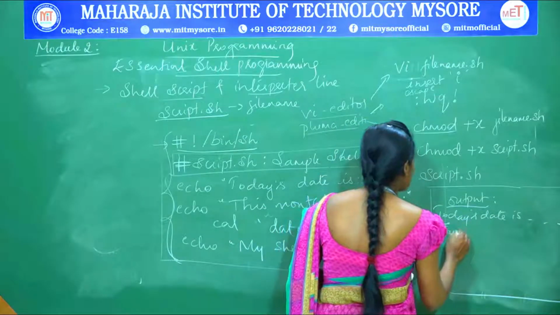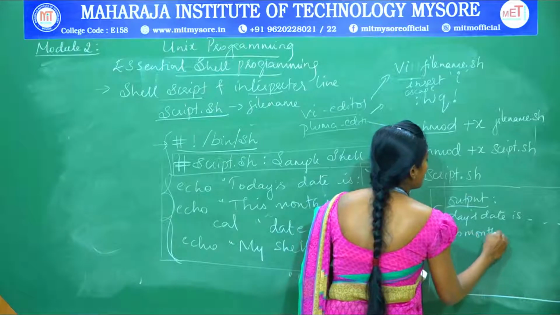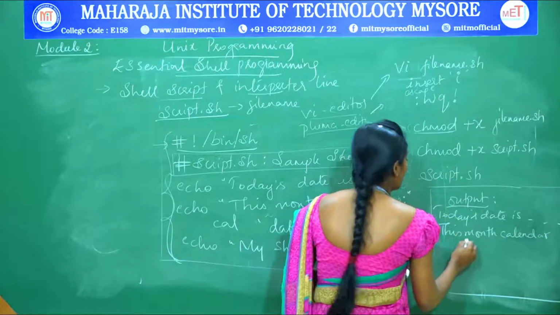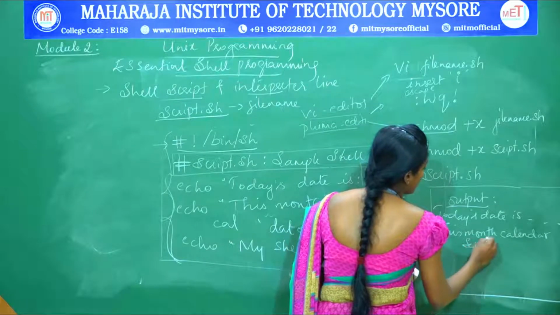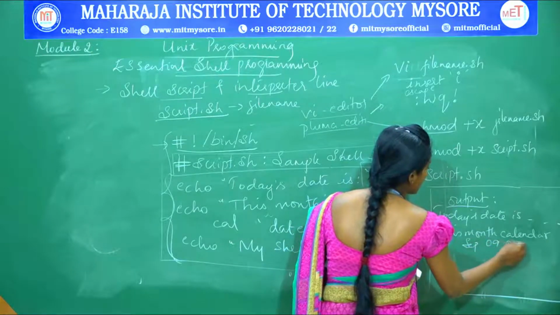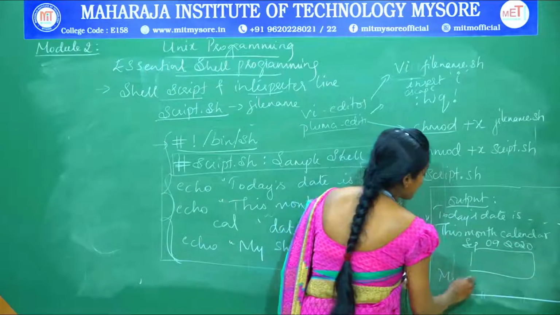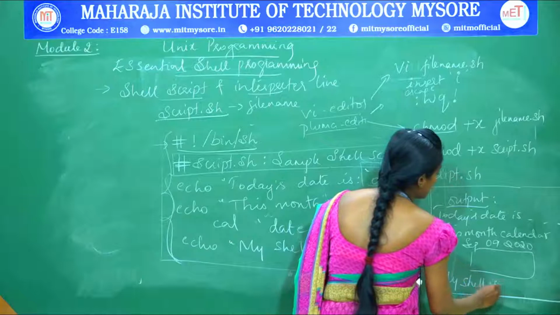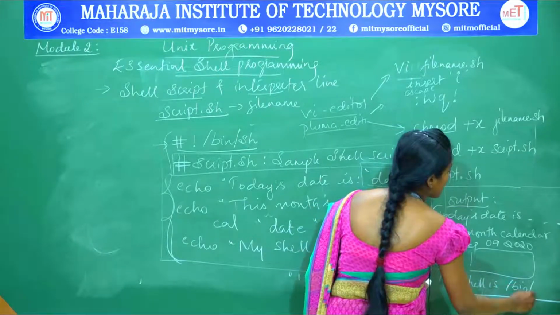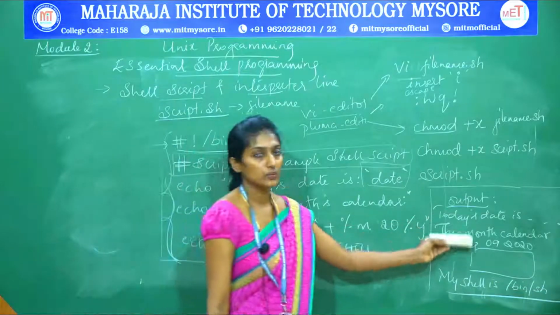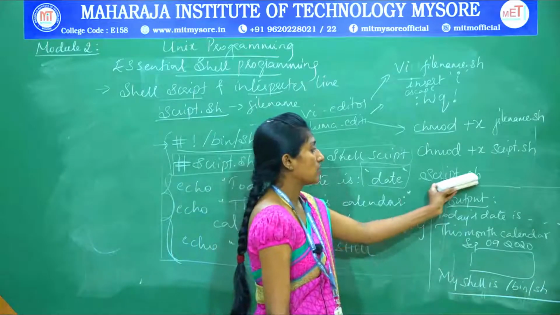Next, this month's calendar will be displayed, so below this, today is September 09/2020, the complete month will be displayed. Next, my shell is /bin/sh. So this is the output you will see if you execute script.sh.